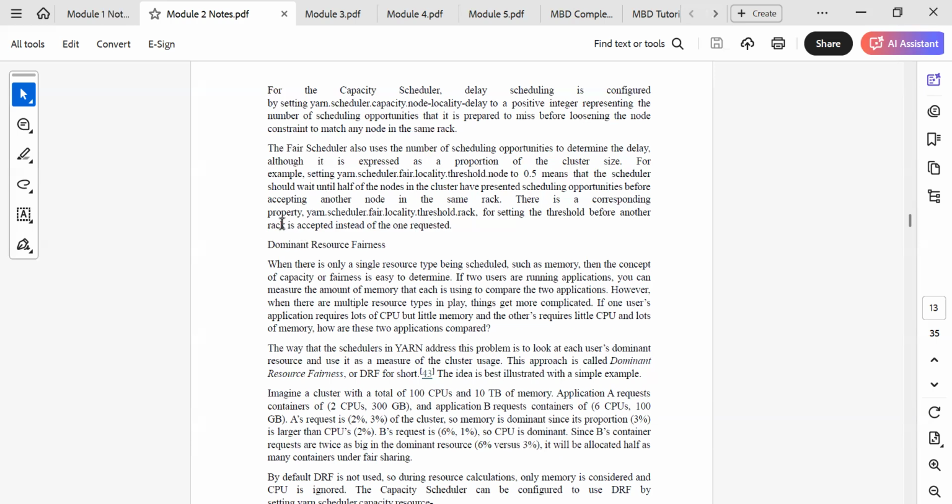There is a corresponding property, yarn.scheduler.fair.locality.threshold.rack, for setting the threshold before another rack is accepted instead of the requested one.